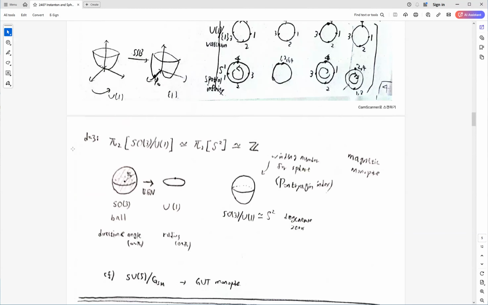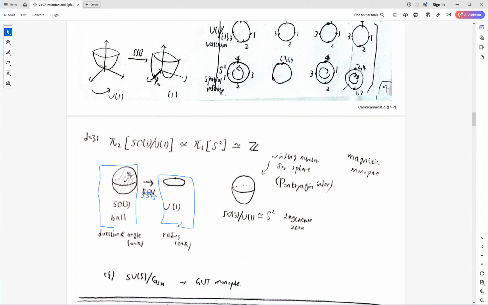In 3 dimensions, this is called the monopole or magnetic monopole. So the spatial infinity is S2, and the original symmetry is given by SO3, represented by the ball, and after the SSB, the remaining unbroken symmetry is U1.